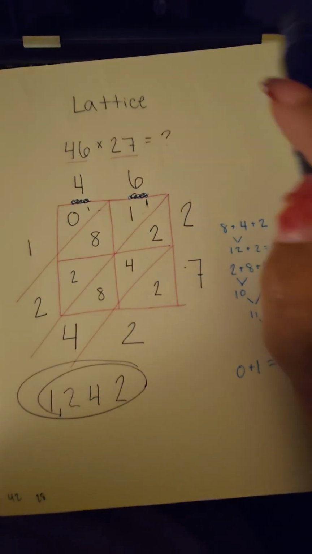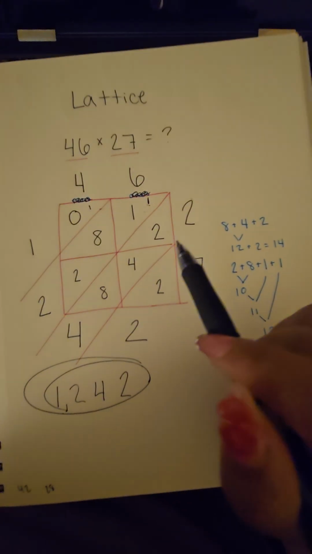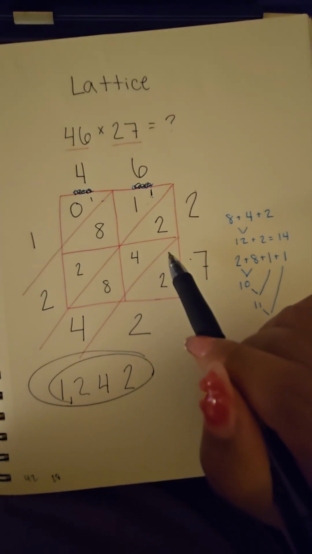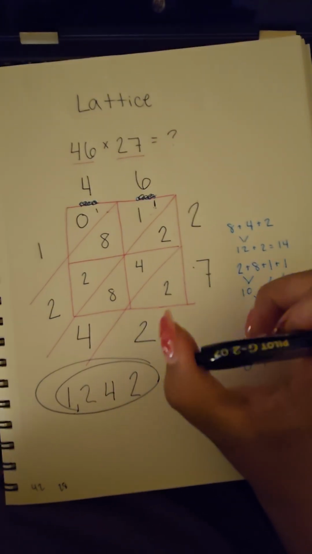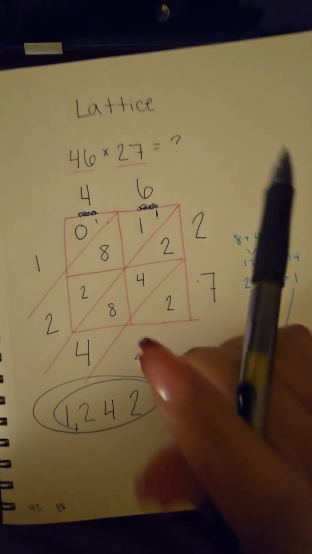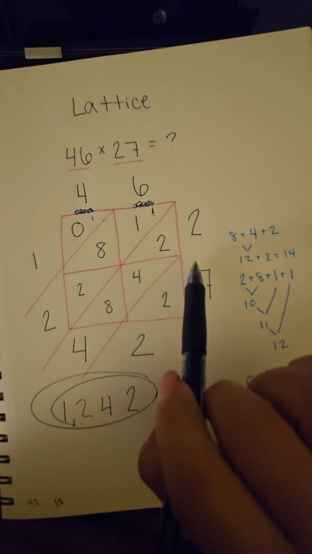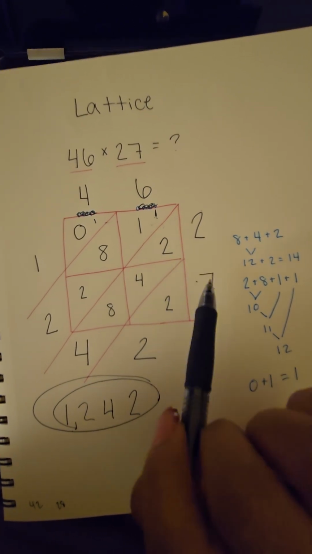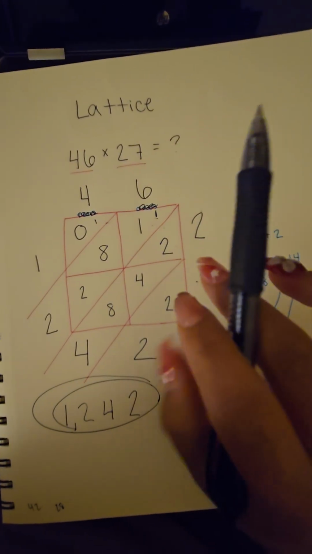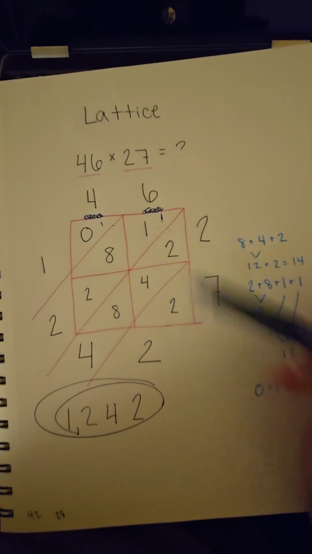The only part I would say is difficult is you still have to memorize your times table. That is the only part. It's just not as bad because you're still only doing pretty much 0 through 9 of the times table. And then you do addition.